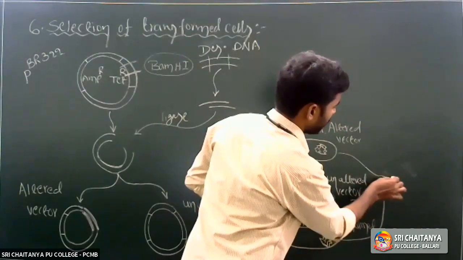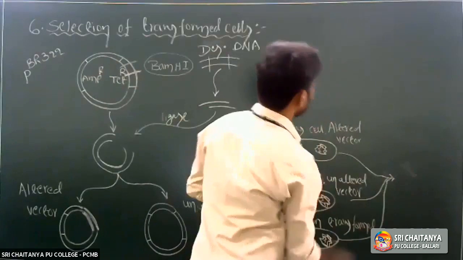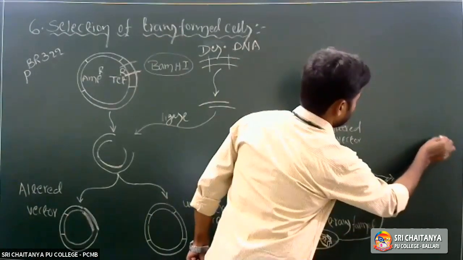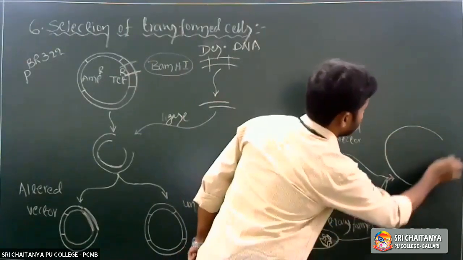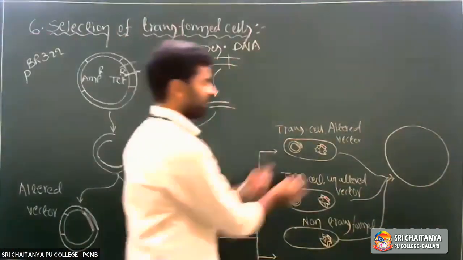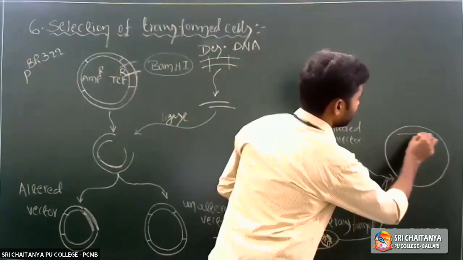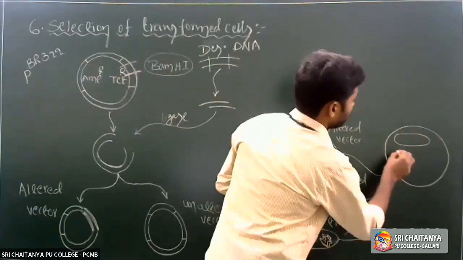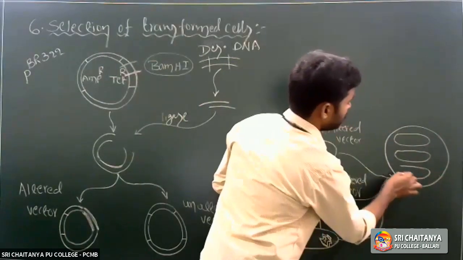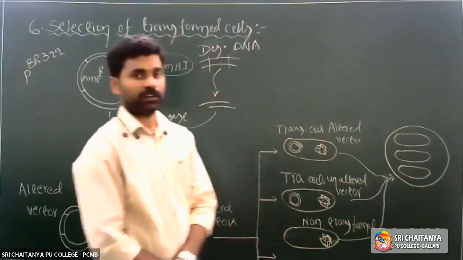For example, you can take a Petri plate or Petri dish. We transport these three types of bacterial cells into the Petri plate, which contains ampicillin medium.